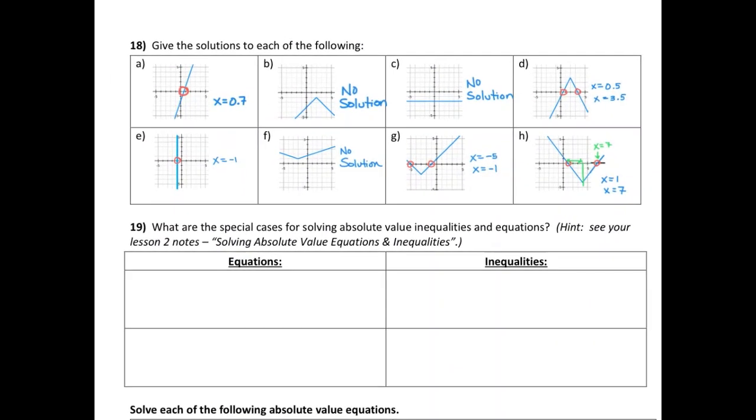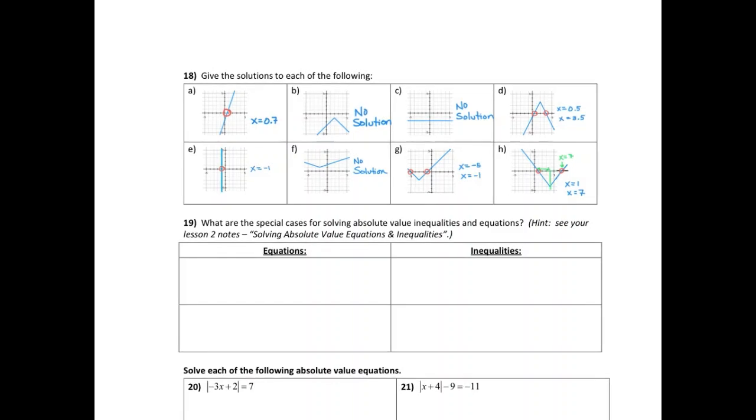Now, you might want to pause the video for a minute and find your notes for Lesson 2, and on the very back of the page, or the last page, there's a section that talks about special cases for solving absolute value inequalities and equations. So grab your notes, turn to that last page.